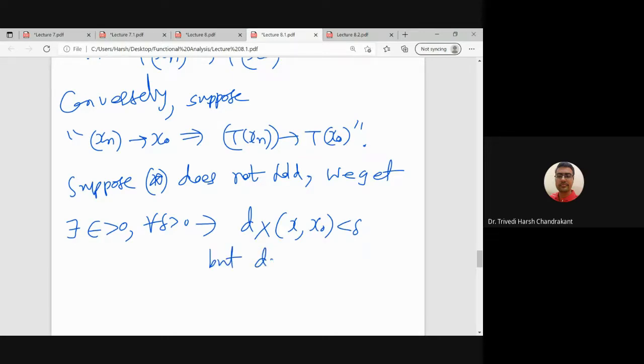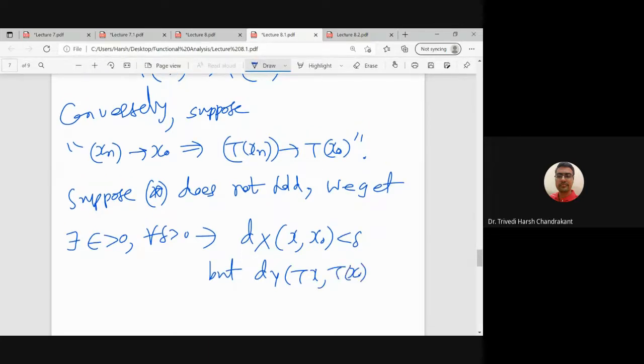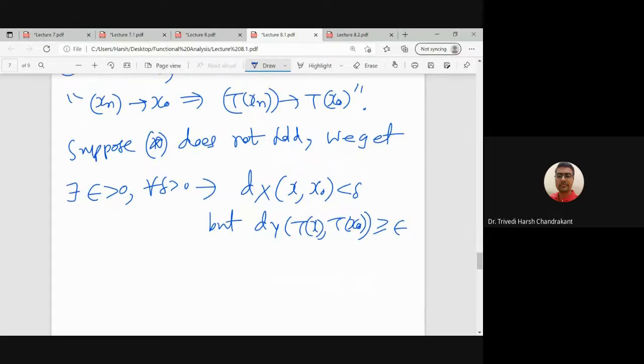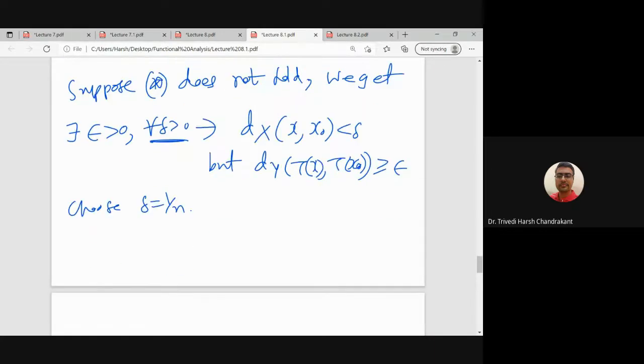Property fails means the distance of Tx and Tx naught is not less than epsilon, that means it is greater than or equal to epsilon. This holds for some x depending on epsilon. Now, since this is holding for every delta, we choose delta to be 1 by n. So for every natural number n, we get delta, and we get a corresponding x.